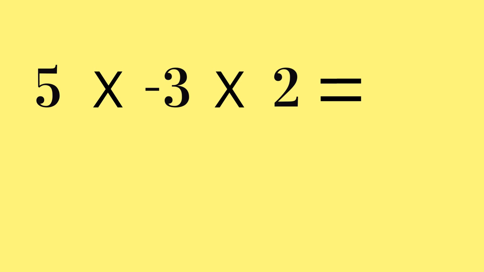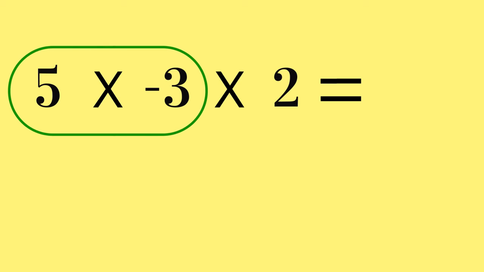Taking this question in stages, first we need to work out 5 multiplied by negative 3. As we are multiplying a positive number and a negative number, we know the answer will be negative, and 5 multiplied by 3 is 15, so we get negative 15.